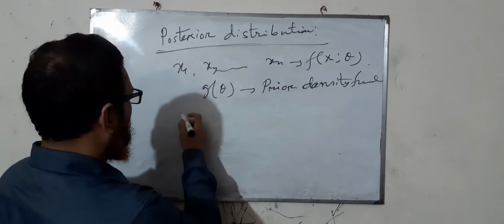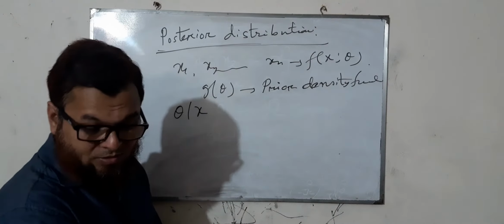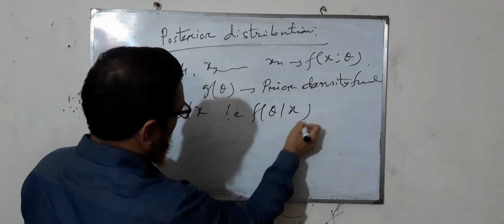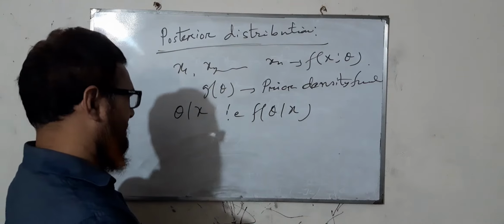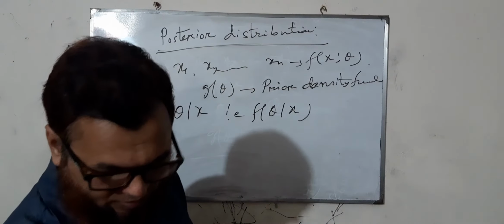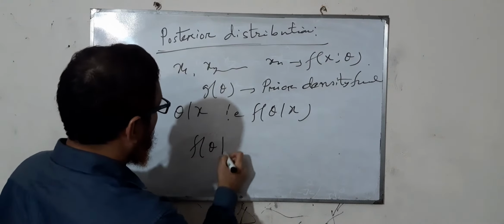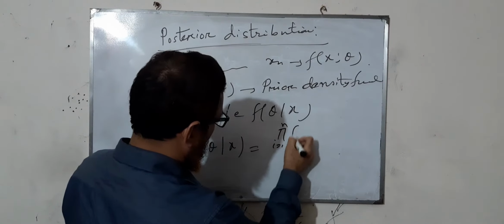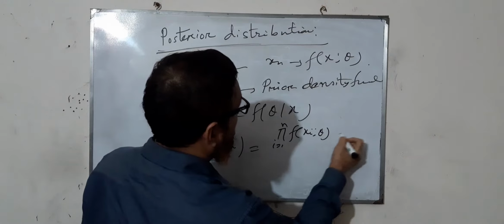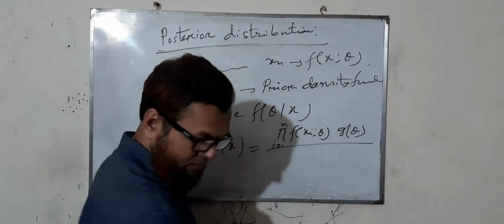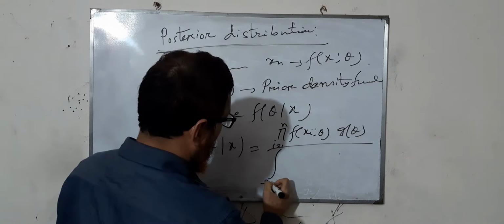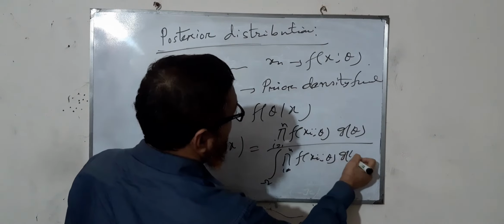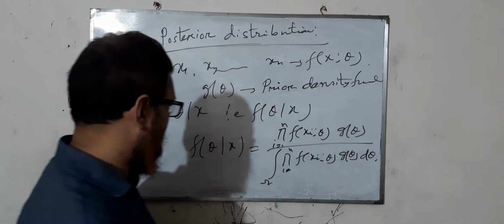Then the conditional distribution of theta given x, that is f(theta | x), is known as posterior density function of theta and is defined by f(theta | x) equals the product of f(xi, theta) g(theta) divided by the integration of f(xi, theta) g(theta) d theta.